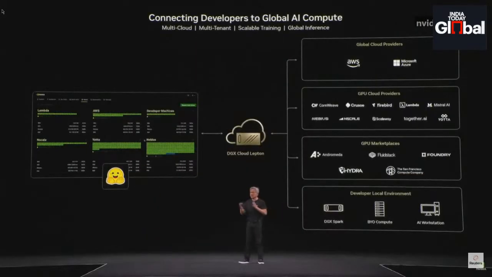And so whenever you're training a model on Hugging Face, if you would like to deploy it into Lepton and directly into Spark, no problem. It's just one click. So whether you're training or inferencing, we're now connected to Hugging Face, and Lepton will help you decide where you want to deploy it. Let's take a look at it.